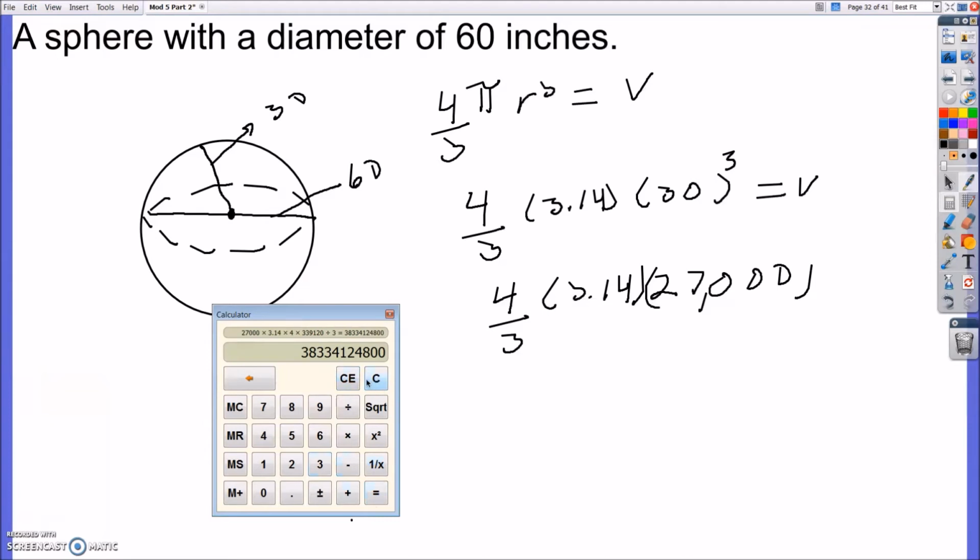And I'm going to double check to make sure I did that right, because I think there's a calculator error. So 3.14 times 27,000 times 4 divided by 3. Very good. So it is 113,040. And then don't forget our units. It's inches to the third power.